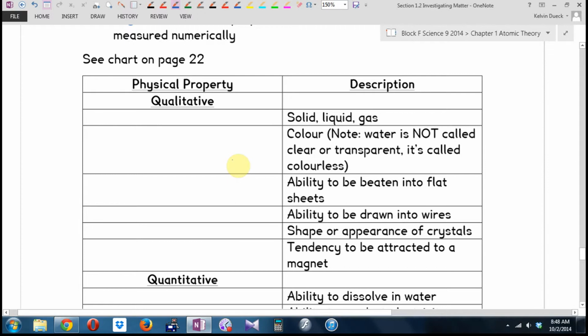Begins with letter S. Rhymes with gate. State. That's a qualitative property. You don't measure how much of a liquid or how much of it's a solid or it's a liquid or it's a gas. It's not a 3.6 gas. Doesn't make sense. Okay?